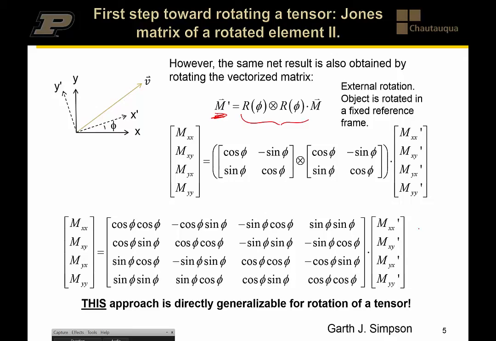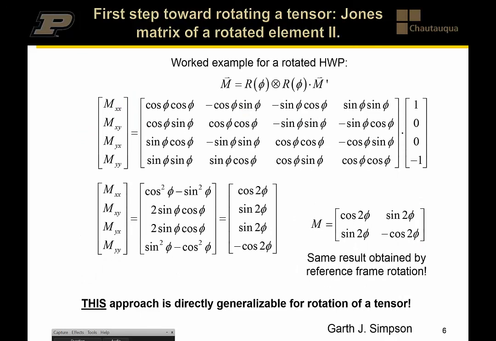And this allows us to describe the architecture that is sufficiently general to extend to nonlinear optical measurements and rotation of tensors, because this can now be extended to arbitrarily high orders of optical interactions for Jones tensors.